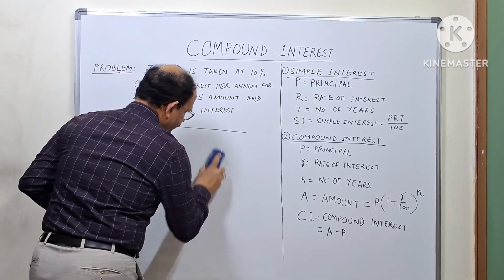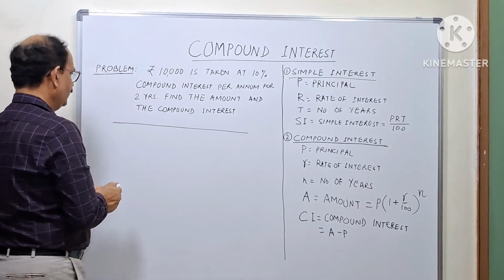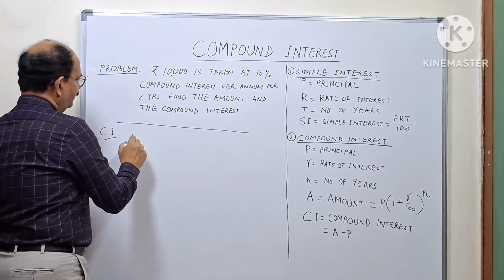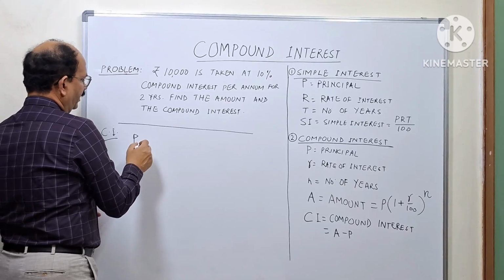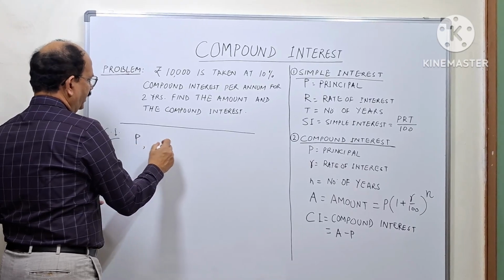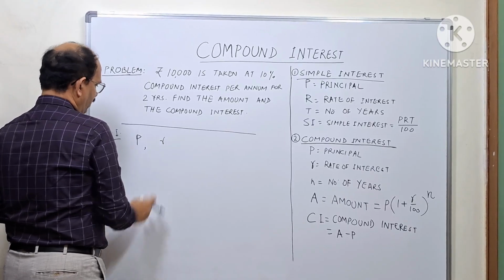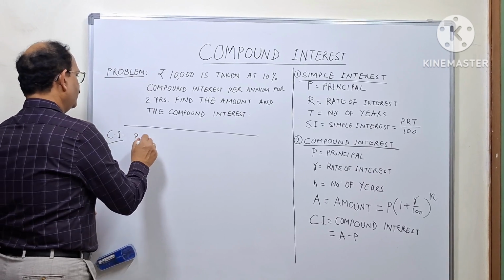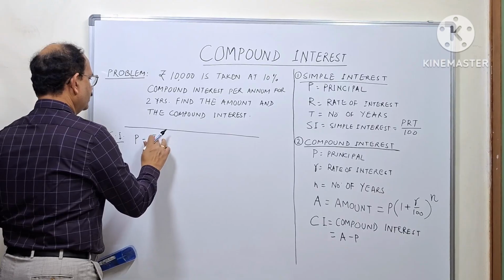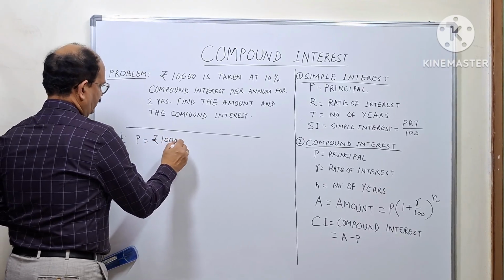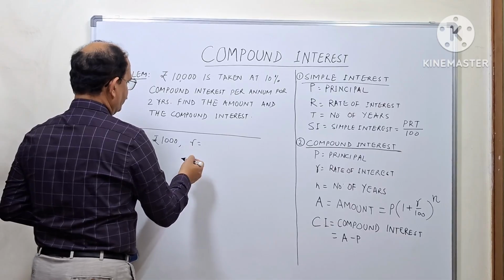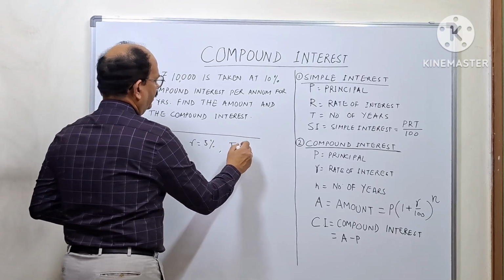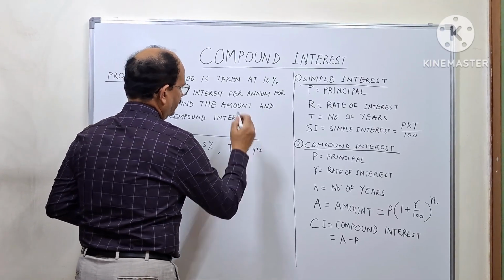Suppose the original principal is P and rate of interest is R. Let us take the same example: principal is rupees 1000, rate of interest is 5% and time is 3 years.